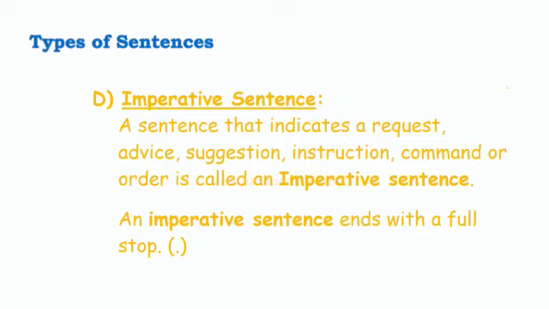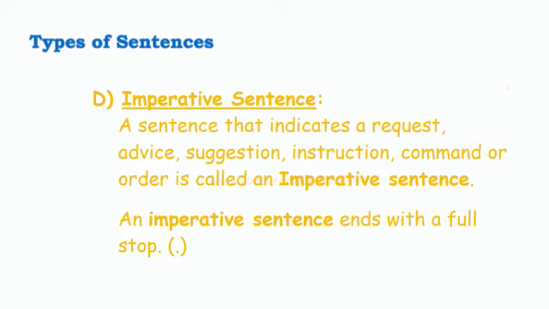Now let's see some examples of exclamatory sentences. Oh no, I failed the test. How lucky you are. What an easy paper it was. So here each sentence expresses a feeling, and so we call all these sentences exclamatory sentences. Your grief or your sorrow or your happiness.